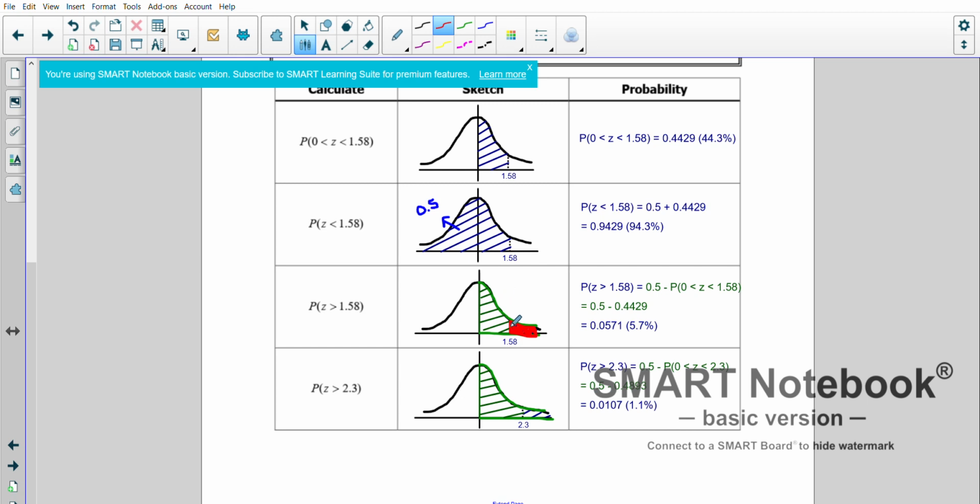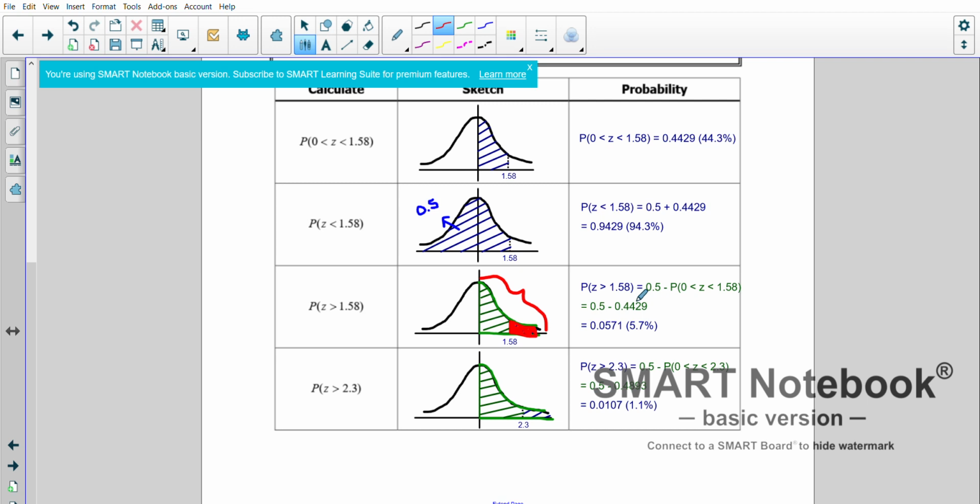So how do I find the red? Well, if I know that this whole side is 50%, it's going to be 0.5 or 50% minus the green. If I do 0.5 minus that green shaded region, it will leave me the shaded region that I want.